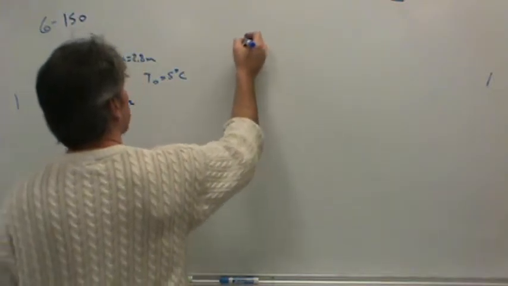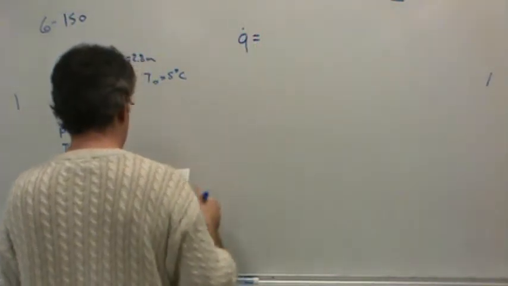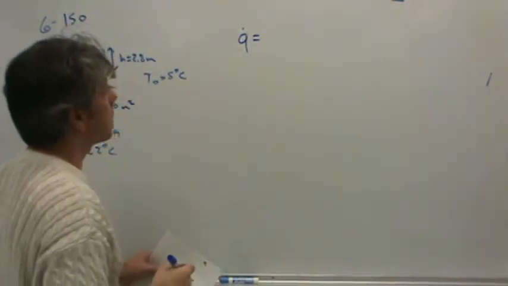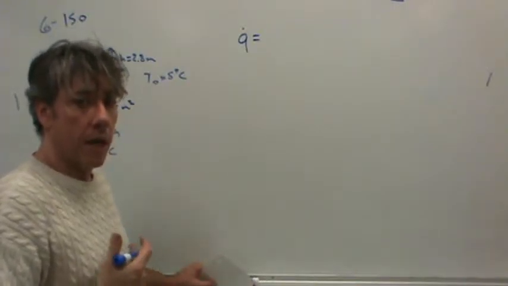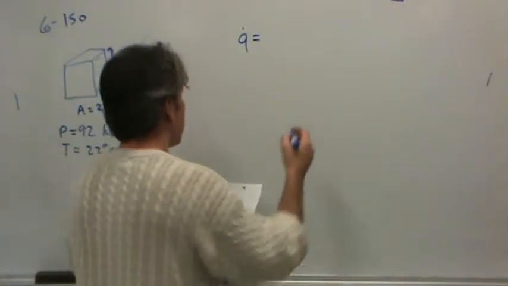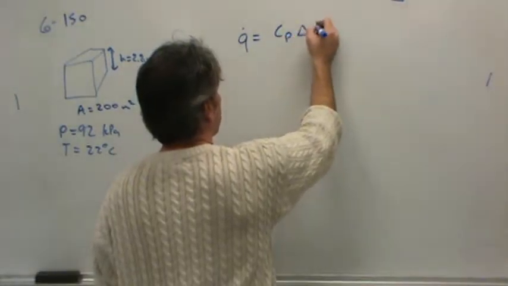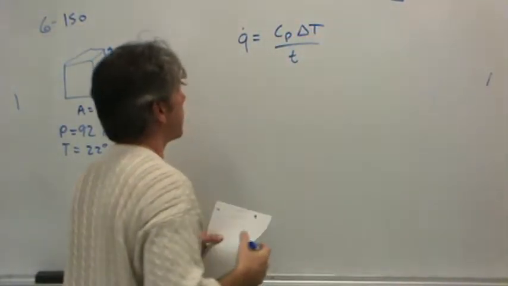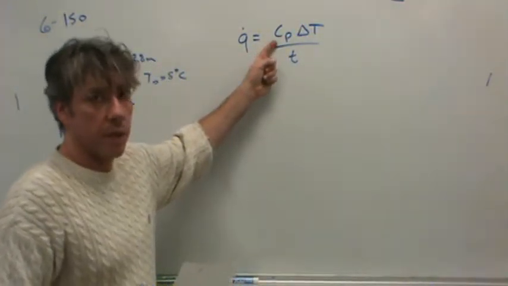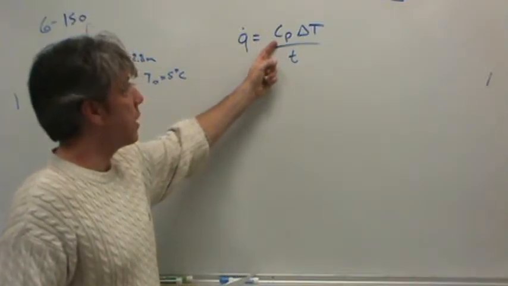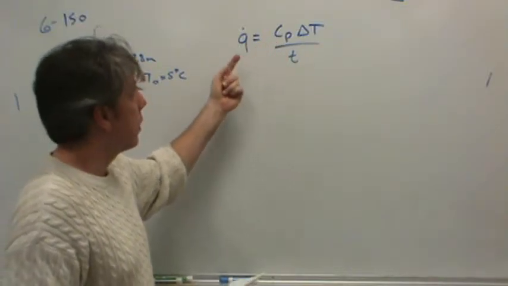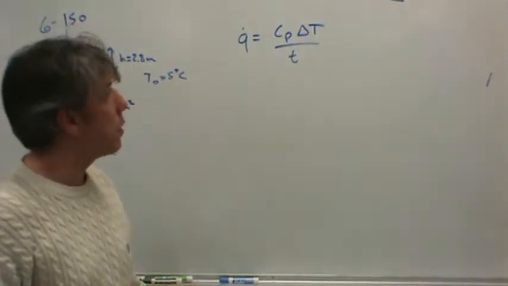So anyway, we'll go ahead and calculate a heat transfer rate, q dot. And I'm using little q dot because I'm talking about the specific heat transfer rate. So this would be the heat capacity times the change in temperature divided by time. What is this? Well, notice heat capacity that I've written here is just the specific heat capacity. And I'm doing this a little differently than I normally do so I can show you this symbol, this little q dot.